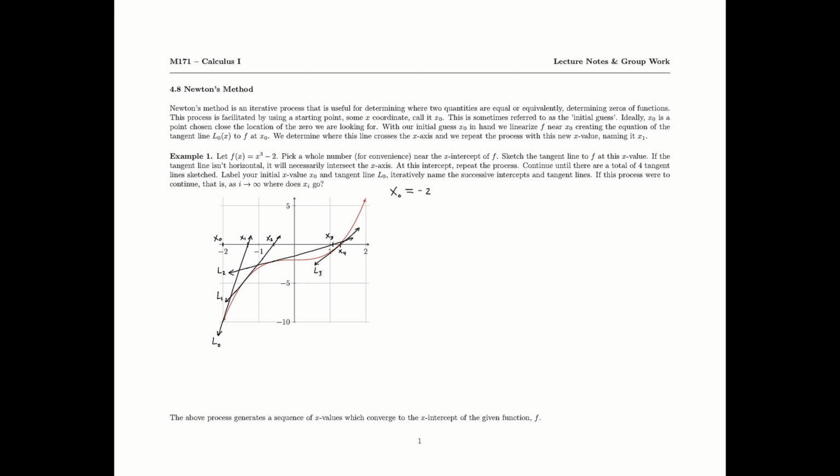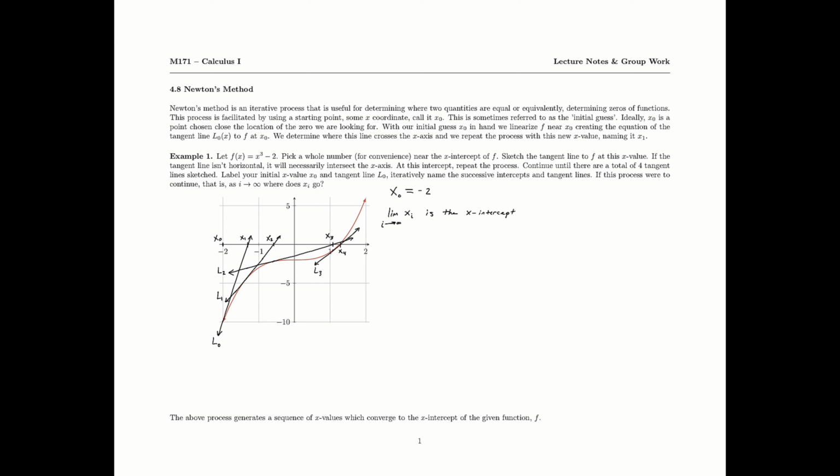So, if this process were to continue, that is, as i goes to infinity, where does x_i go? So I will go ahead and claim that the limit as i goes to infinity of x_i is going to be the x-intercept.